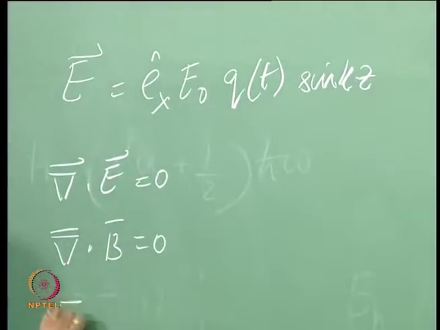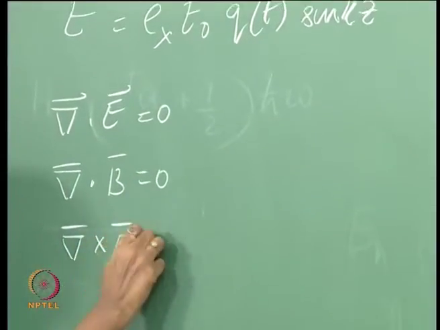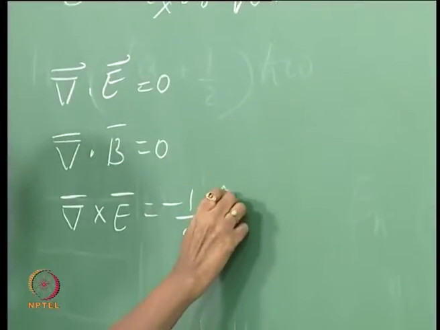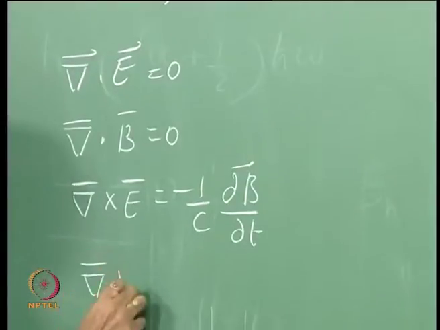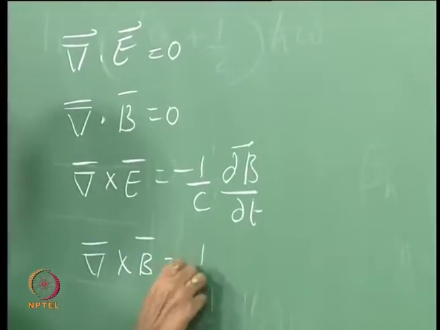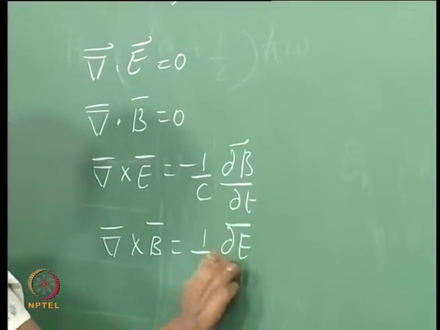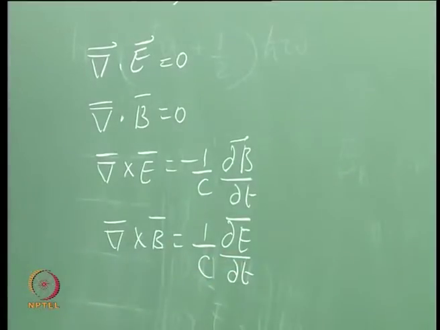Del dot B equal to 0, del cross E is minus 1 by c delta B by delta t, and del cross B is 1 by c delta E by delta t. I am assuming that there are no free charges or currents. So these are the source free Maxwell equations.